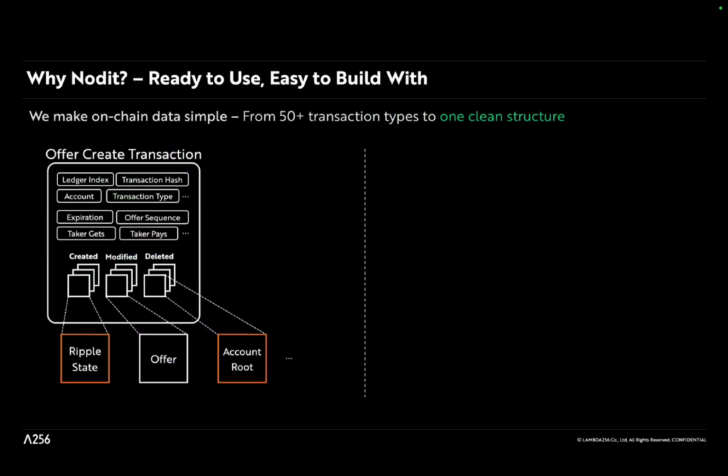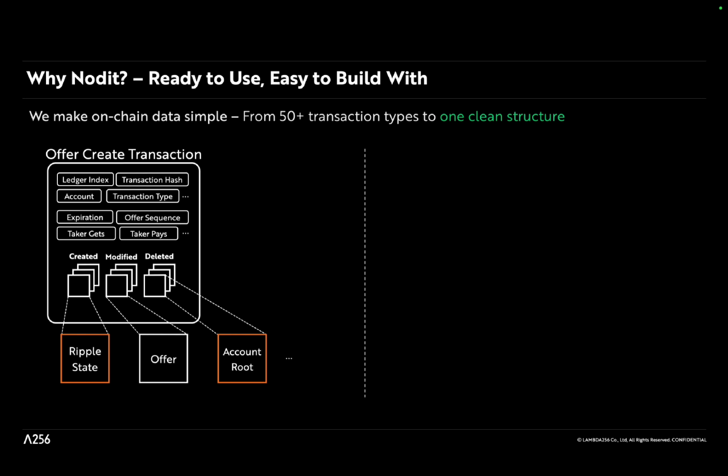And XRPL has more than 50 different transaction types. The problem is each type has a different set of fields and structure. So if you want to analyze on-chain activity, you have to handle every one of them separately.